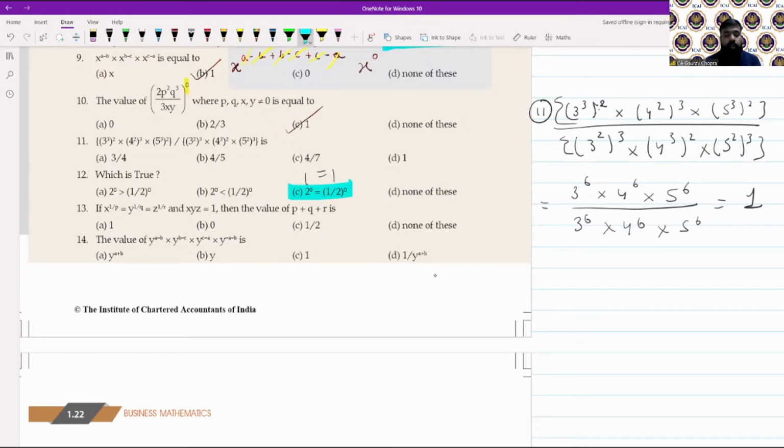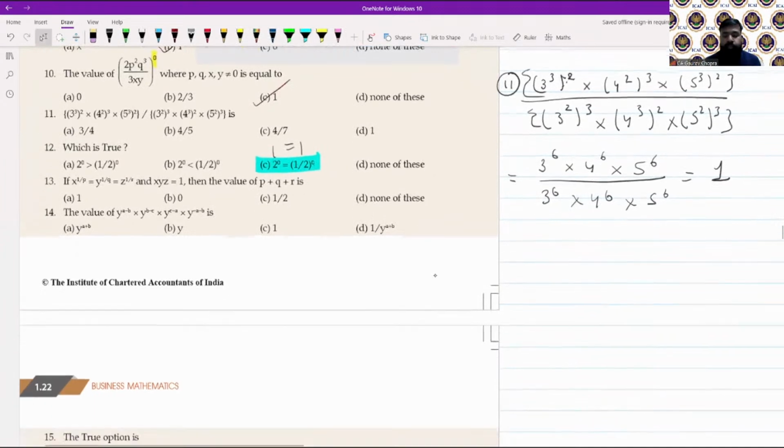Okay, now the next one, question number 13. It's a bit different one. So let us understand this question number 13 very, very carefully. x to the power of 1 by p is equal to y to the power of 1 by q is equal to z to the power of 1 by r.